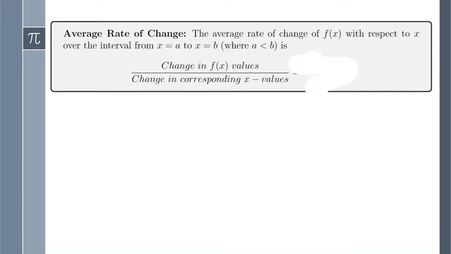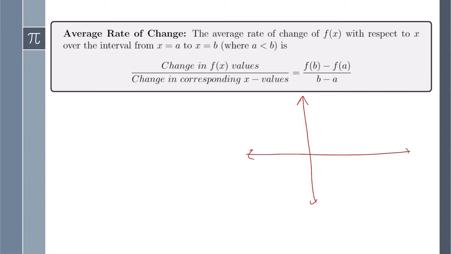So in a graph, we can represent this as, let's go ahead and draw a graph. Let's say this is the curve f of x. If we have an x value a here, the corresponding point on the graph is a comma f of a. And then let's take another point here, b.